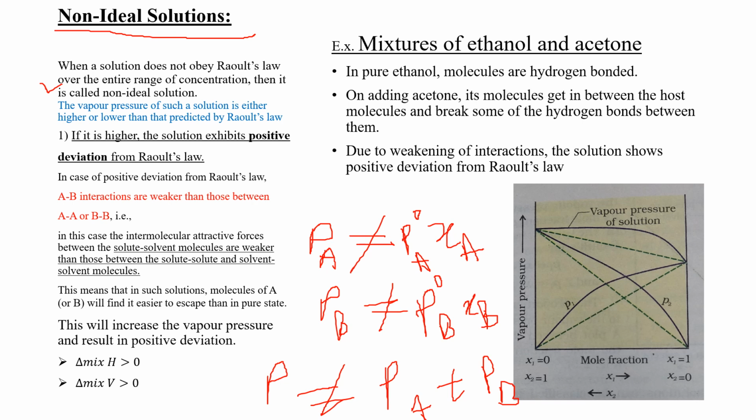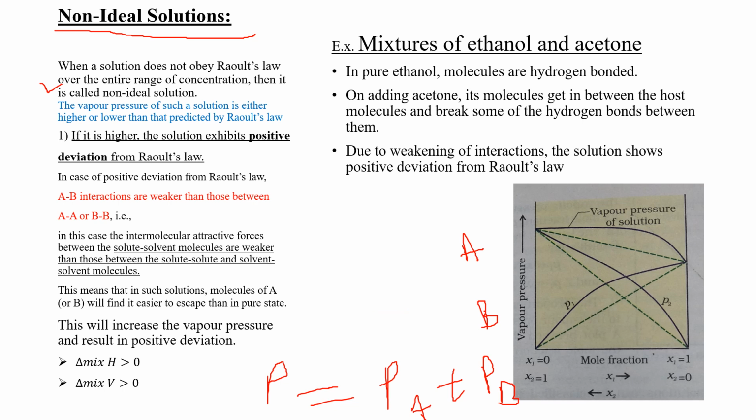Similarly, as in ideal solution, we have discussed other important properties of ideal solutions, that for ideal solutions the delta H mixing equals 0. Similarly, delta V mixing is also equal to 0. But now the non-ideal solutions are just opposite to the ideal solutions.